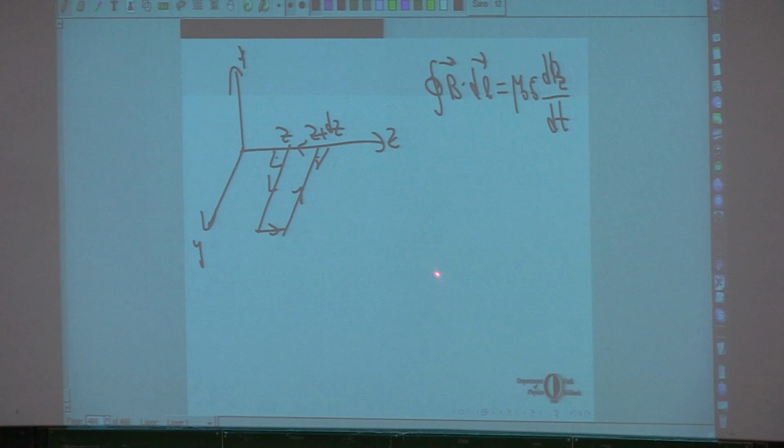Now, as in the previous case, let's first start with B dot dl. Again, remember the magnetic field is only in the y direction. There is no component along the z direction, so there is no contribution from this one, neither from this one. Let's again just assume that for simplicity, the magnetic field is in the positive y direction. So we will get a positive contribution from here.